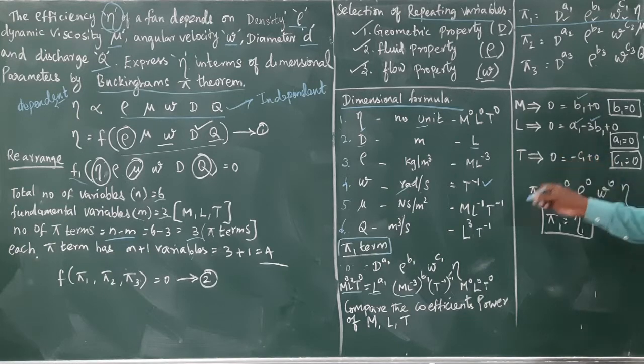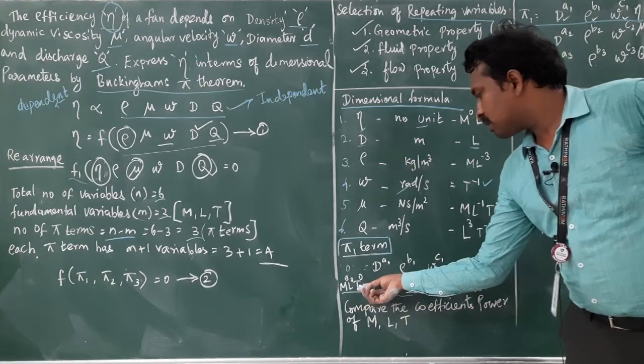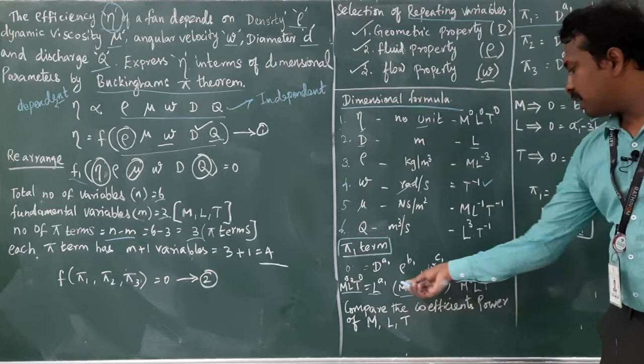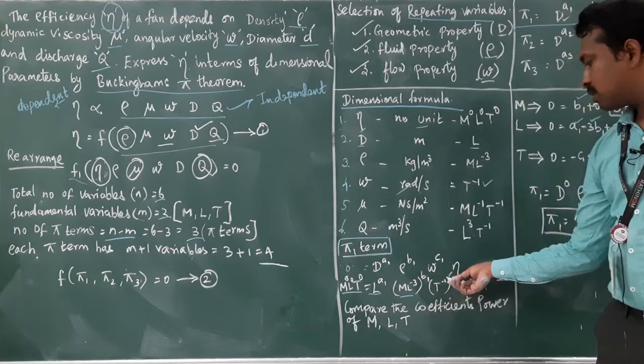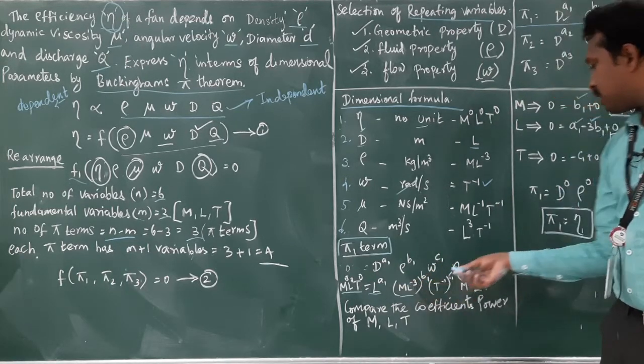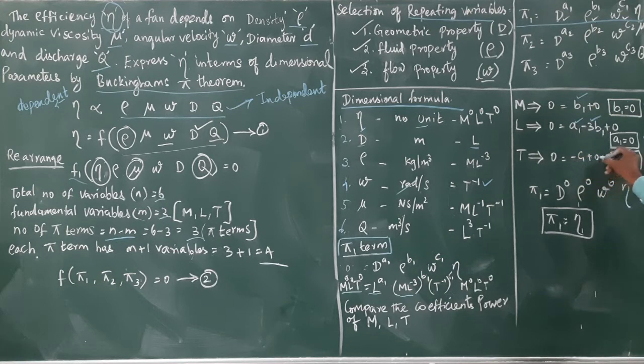Next, T term. Comparing the powers, T power is 0. Here the T term is c1, and here there is no T term. c1 plus 0 equal to 0, then c1 is also 0.